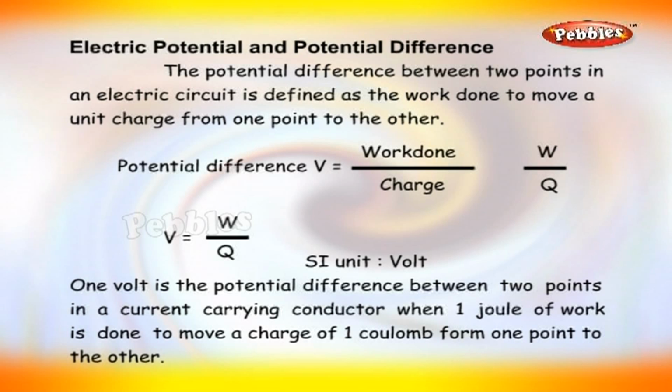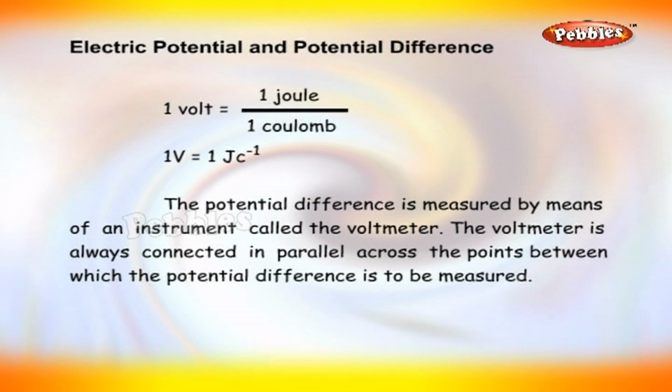SI unit: volt. 1 volt is the potential difference between 2 points in a current-carrying conductor when 1 joule of work is done to move a charge of 1 coulomb from one point to the other. 1 volt = 1 joule / 1 coulomb. 1 V = 1 J C⁻¹.